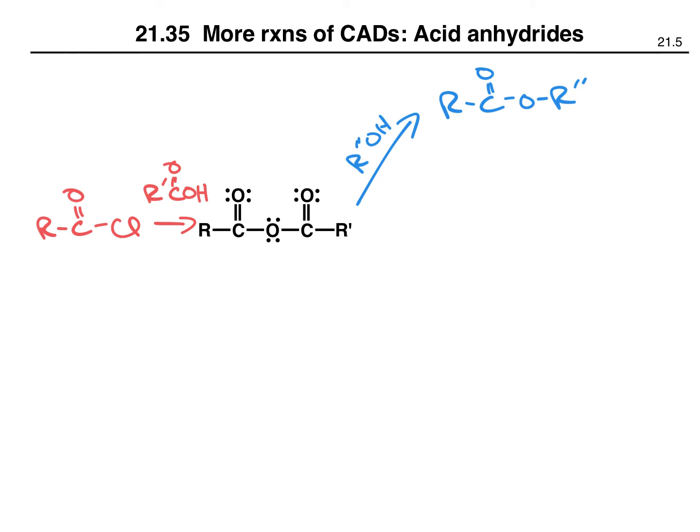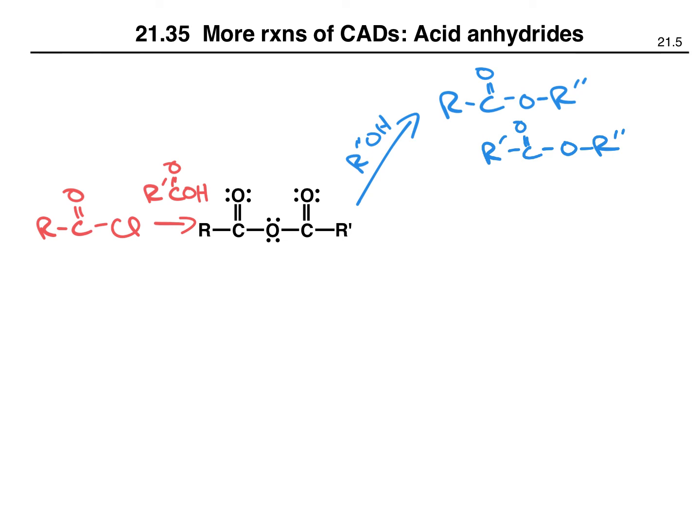But keep in mind, you either need this to be symmetric or else you run the risk of the alcohol could add here, giving this product, or the alcohol could add here, giving this product. So the same thing would be true for all of these.